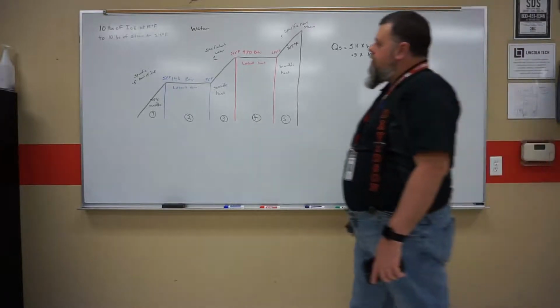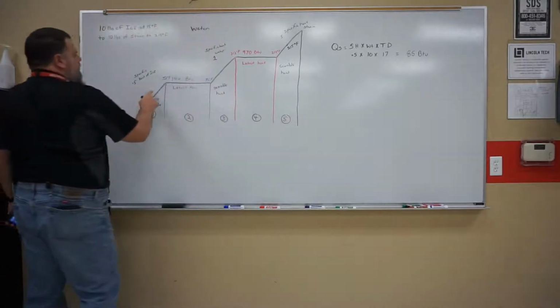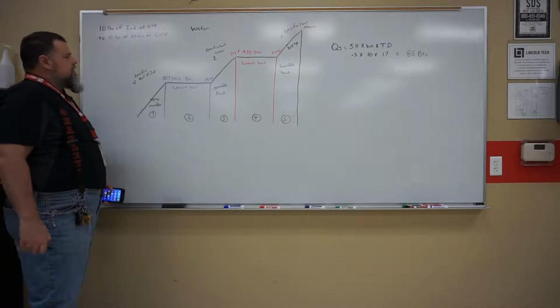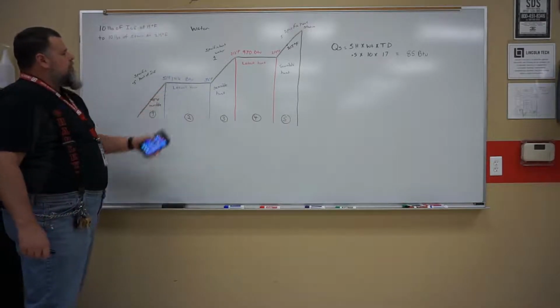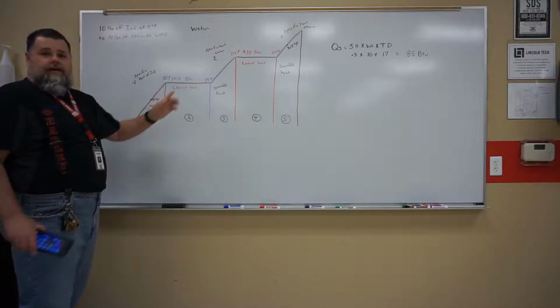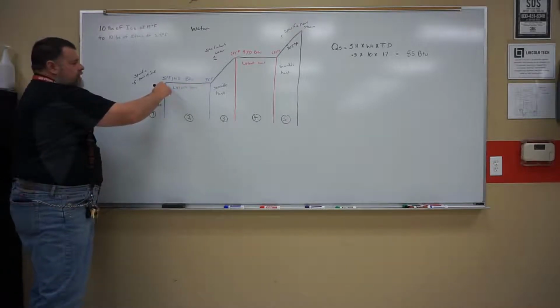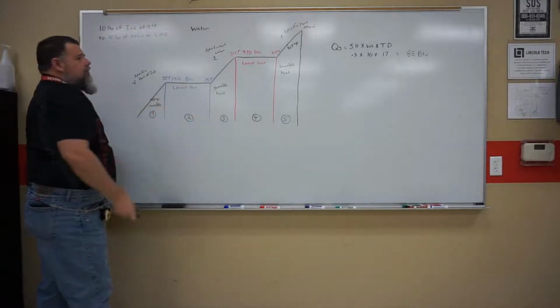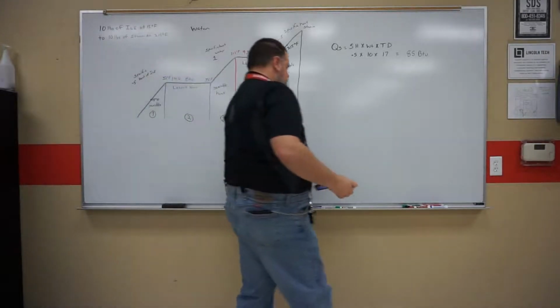Alright, so we've moved from this point, the 15 degrees, to 32. Now we're at a latent heat calculation. Latent heat, it takes 144 BTUs to go across this flat part of latent heat right here to make that change of state from solid ice to water and ice together. So we're going to do a latent heat calculation now.